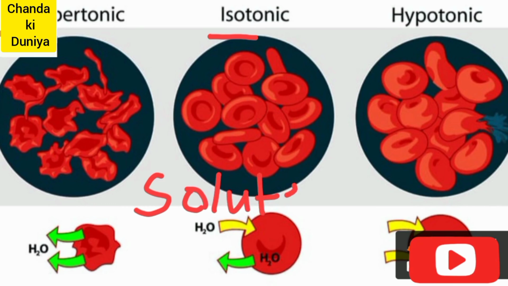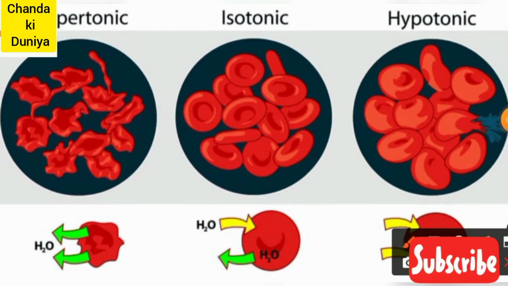So this stage is called isotonic, meaning inside and outside the amount of solute and solvent are in equal ratio. So there is no movement of solute or solvent from the inside or to the outside of the cell. This condition is called isotonic.